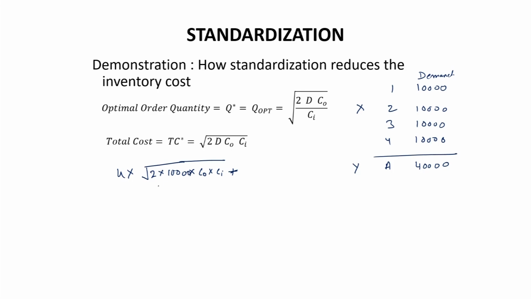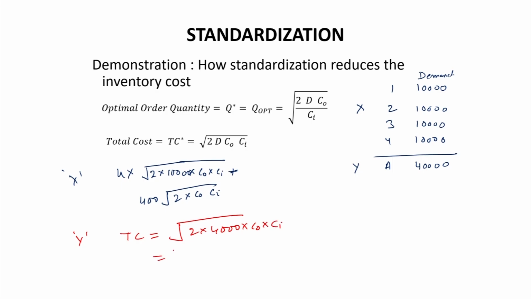So, this cost will be 400 into 2 into CO into CI in case of option X. Now, in case of option Y, this total cost will be equal to 2 into 4000 into CO into CI. Taking 40,000 again, this will be 200 into 2 into CO into CI.